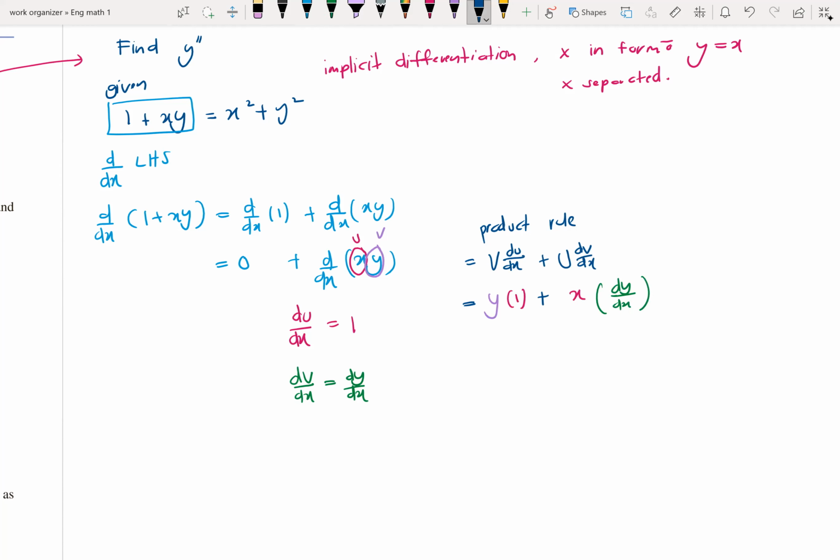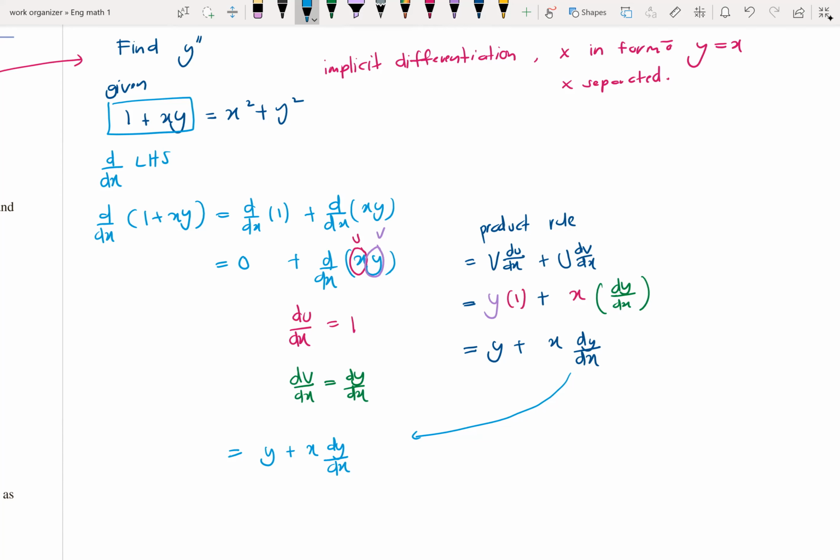So it will be y plus x dy over dx. The 0 we don't have to write, so we just write down straight y plus x dy over dx.